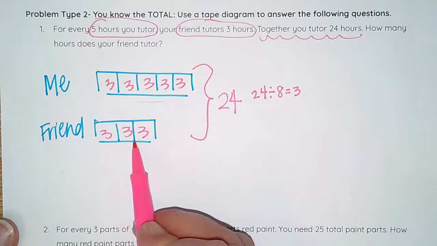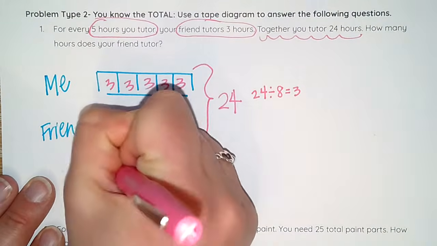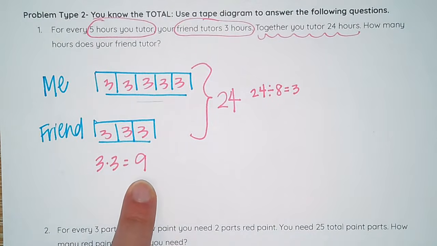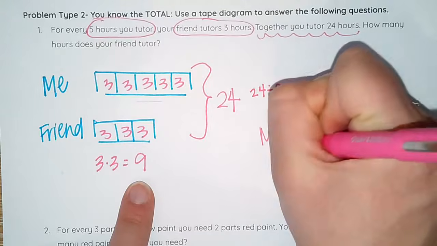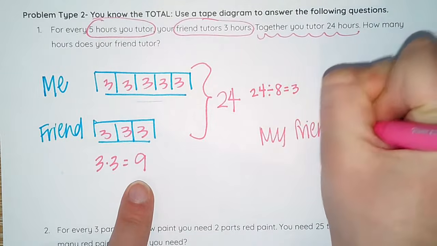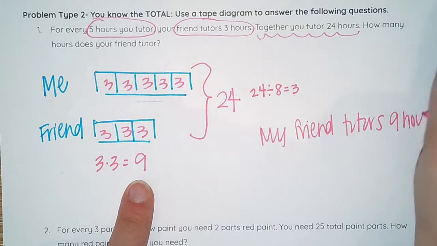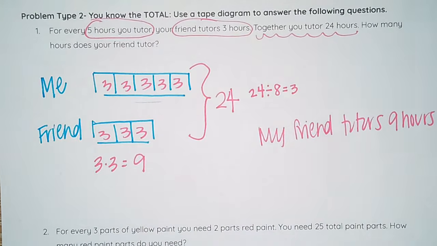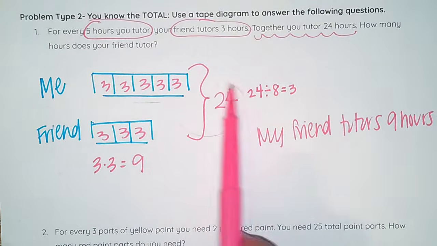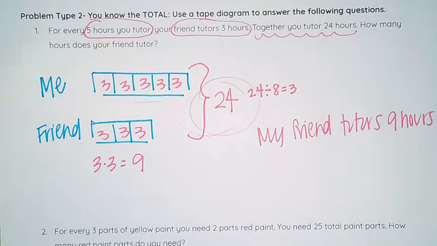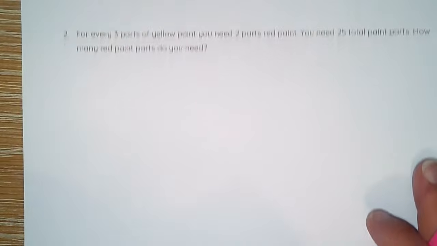Well, my friend has 3 parts of 3. So therefore, my friend tutors 9 hours. So here I was given the total and needed to spread it out to find one or both parts.